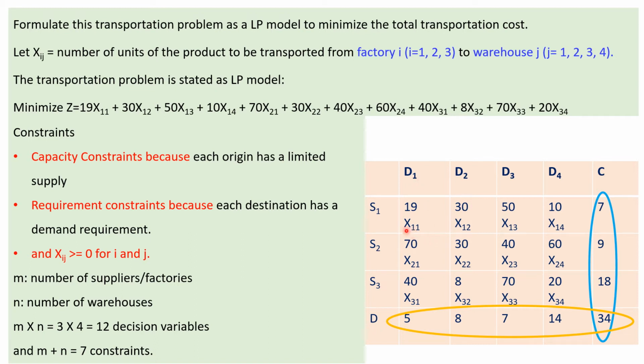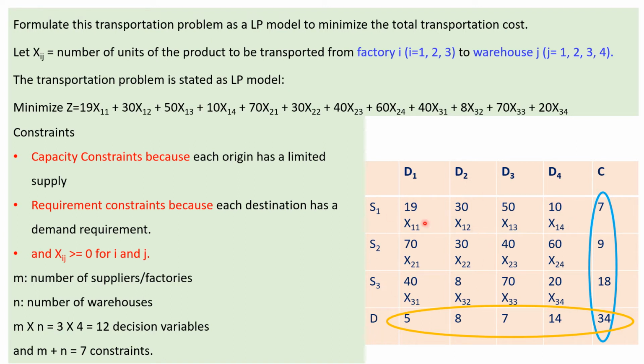So the first subscript represents the production facilities or the suppliers, and the second subscript, j, represents the 4 warehouses. So X12 is the number of items to be transported from S1 to D2, and the same is true for the remaining.